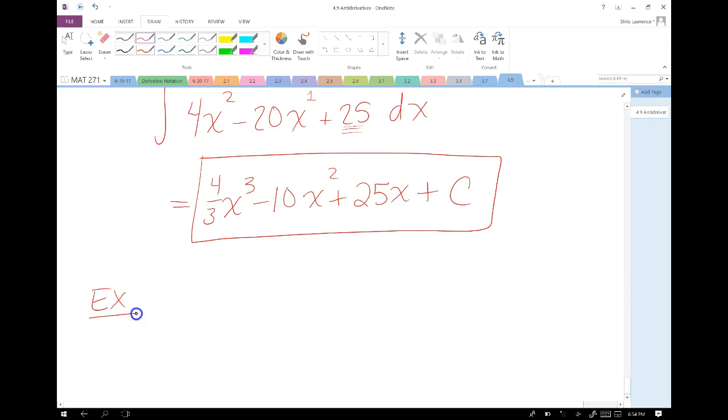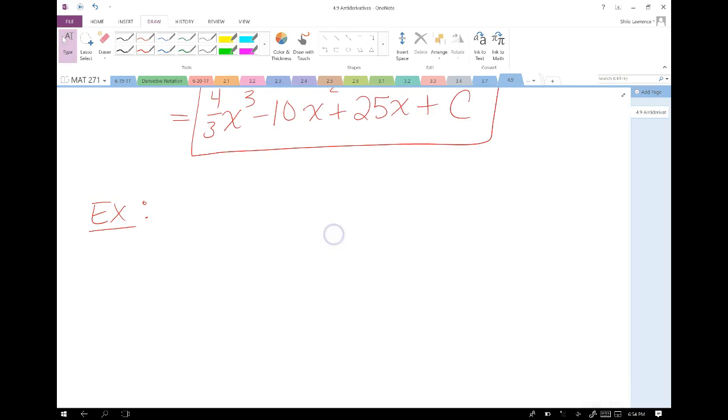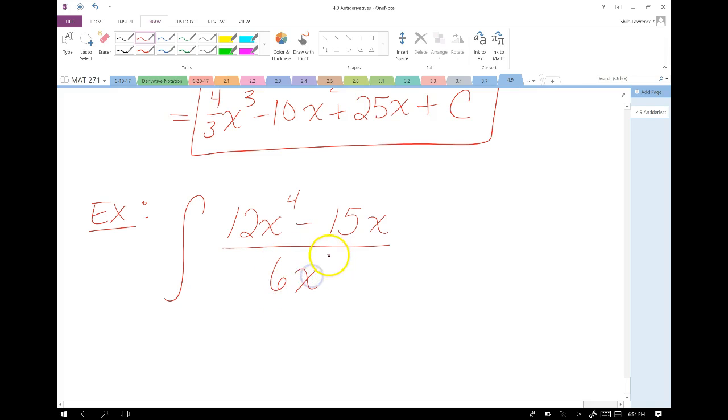Let me show you one more to wrap this up. If we were asked to find the antiderivative of 12x to the 4th minus 15x over 6x squared dx, think about that for just a second.